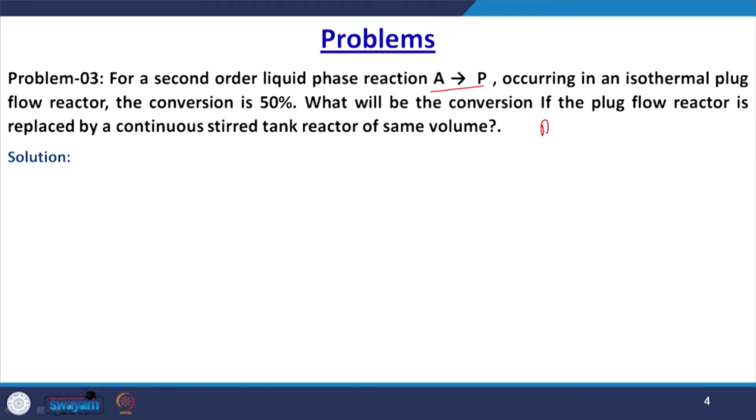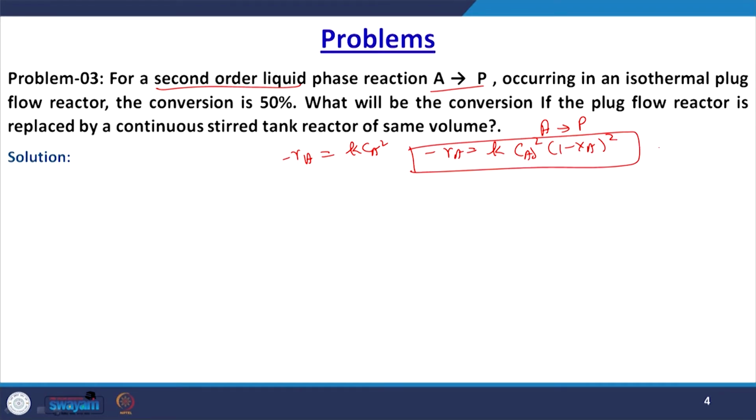So let us take the cognizance of this particular reaction, A is converting into P. The rate equation for the second order can be given as minus rA is equal to k CA square, that is minus rA is equal to k CA naught square (1 minus XA) square. So this is my equation number 1.